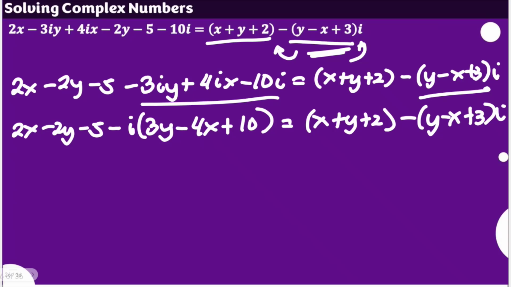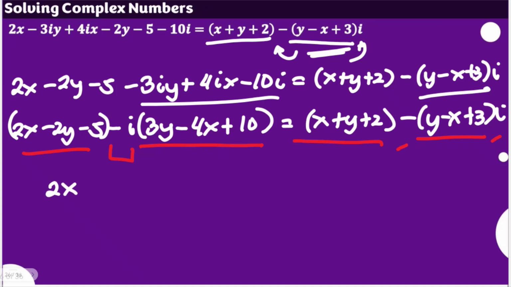When we group this, this grouping here corresponds to the real part of the right hand side, and this portion here corresponds to that as well. The concern of factoring out the negative earlier is that this already corresponds to negative i, so we don't need to multiply again by a negative number. So we'll have two equations.